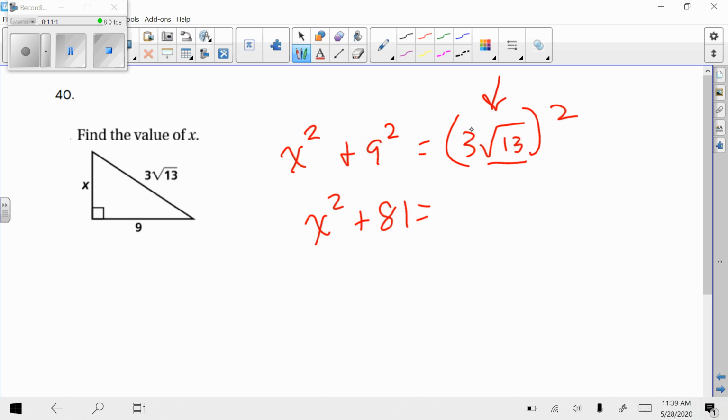And 3 squared is 9, so this is 9 times 13, which is 117. And so then we're going to do 117 minus 81 equals 36. And so x squared equals 36, so that means x equals 6. All right.